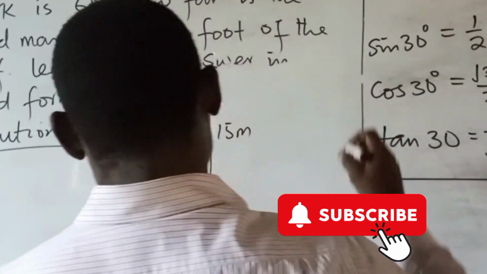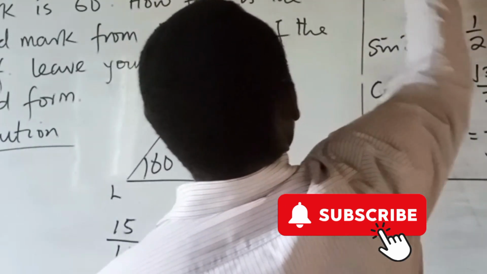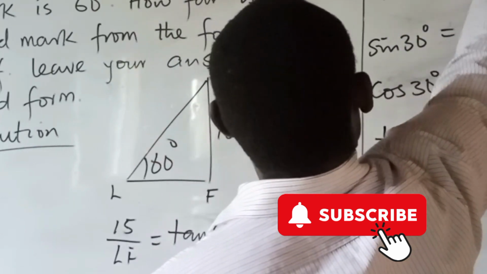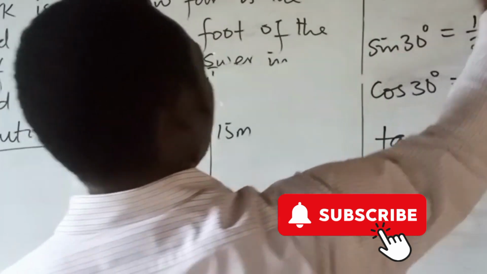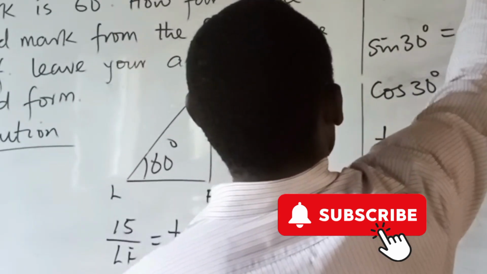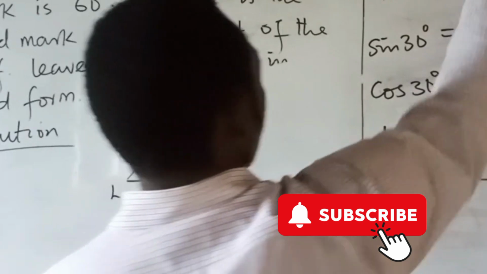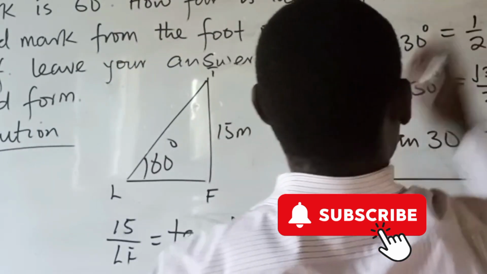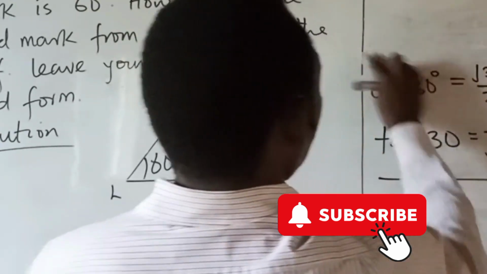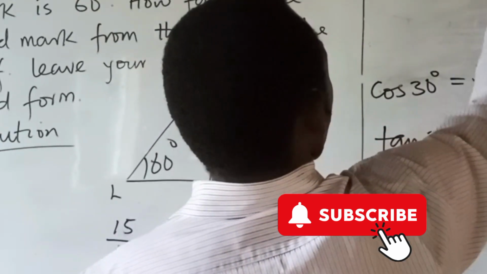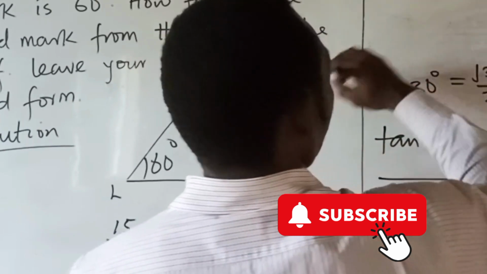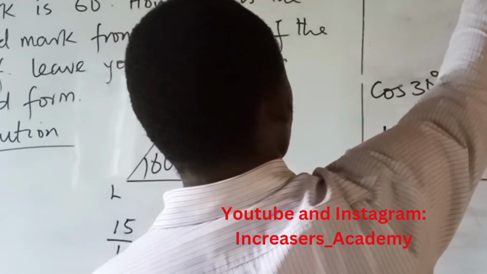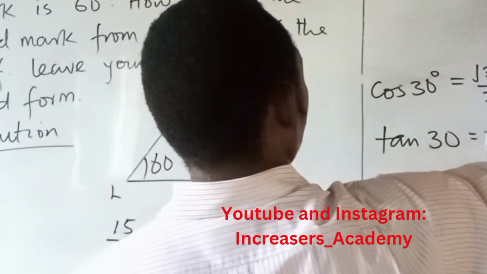That will give us that LF is equal to 15 all over root 3, since tan 60 is root 3. We simplify this by multiplying by root 3 all over root 3. That will give us 15 root 3 all over 3, which is also equal to, 3 will cancel into 15, which is 5, so 5 root 3.